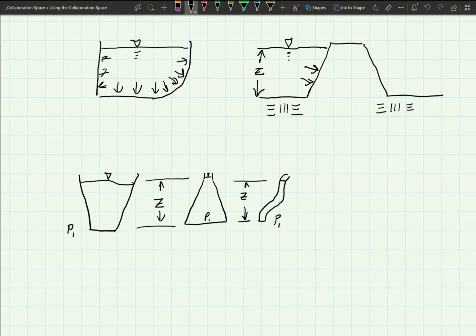So the pressure at an equal depth, no matter what the container looks like, is the same. So basically what it says is shape doesn't matter. Okay?